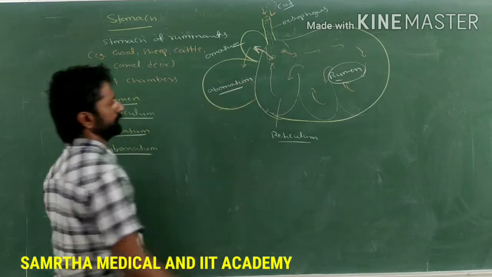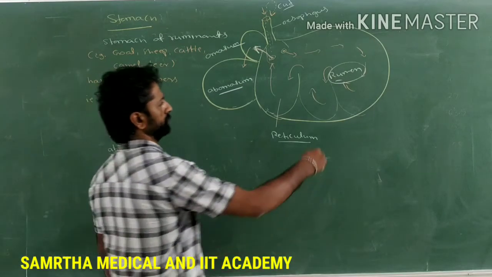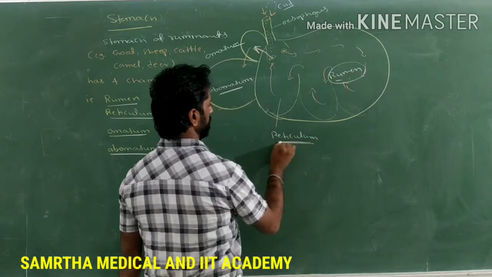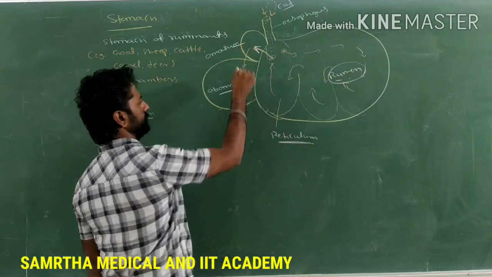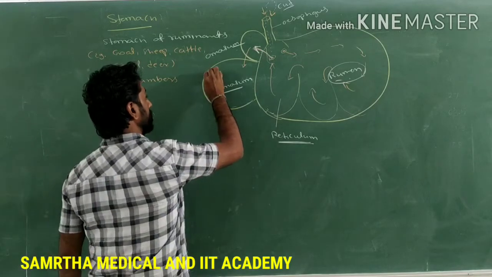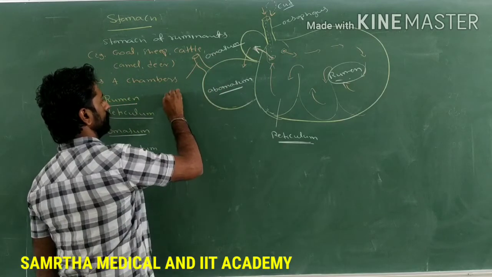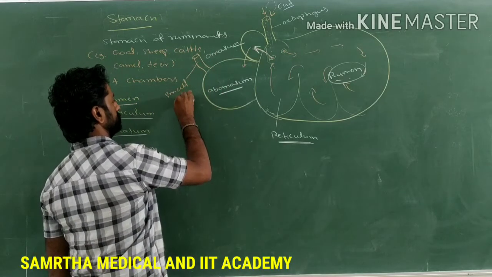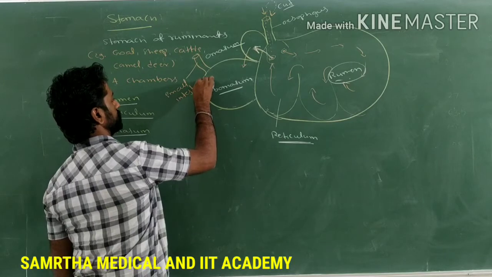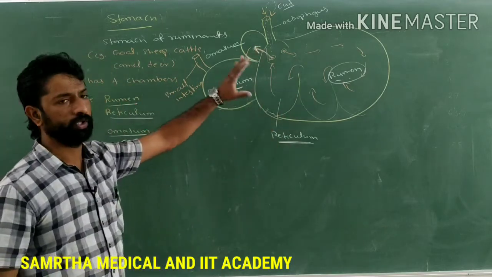So how many chambers are present? There are four chambers: rumen, reticulum, omasum, and the fourth one is abomasum. Then from the abomasum, it opens into the small intestine. So this is how the four chambers are present in ruminant organisms.